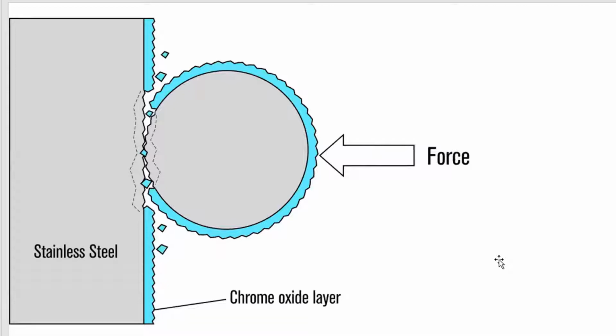Once that chrome oxide layer is worn away, it will do two things. It will immediately reform the chrome oxide layer, but in this case, you have contact. And what's shown here are all these little asperities that are in the microsurface.